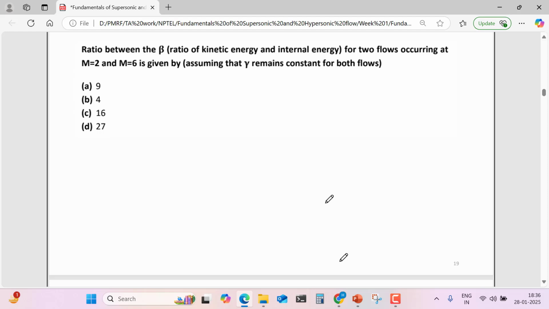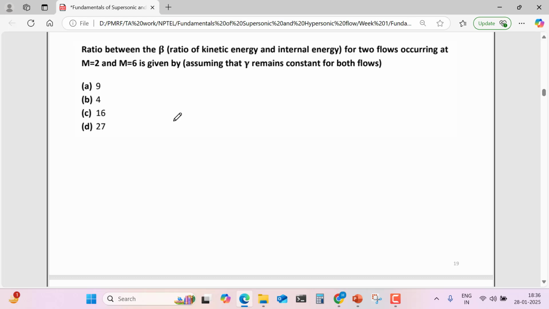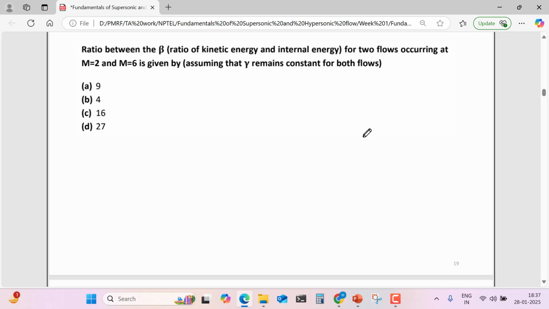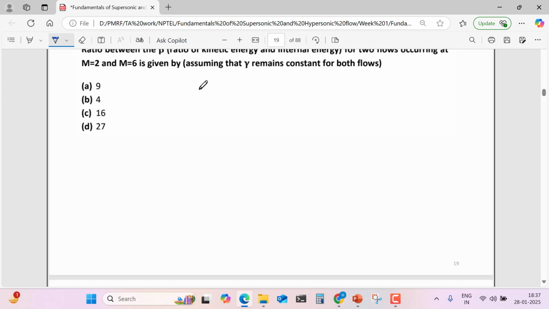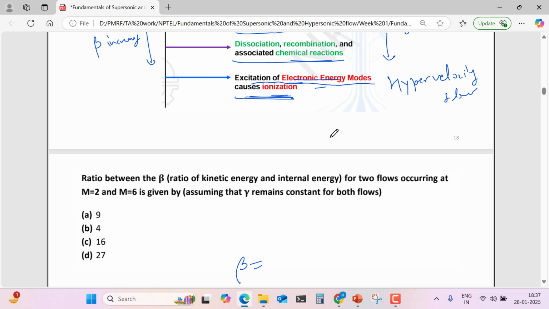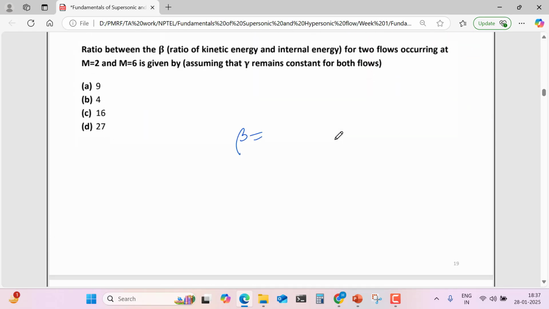So last year there was one question related to it. The ratio of beta, the ratio of the kinetic energy and internal energy, for two flows occurring at M equal to 2 and M equal to 6 is given by? So beta is given by gamma upon gamma minus 1 by 2 M squared.